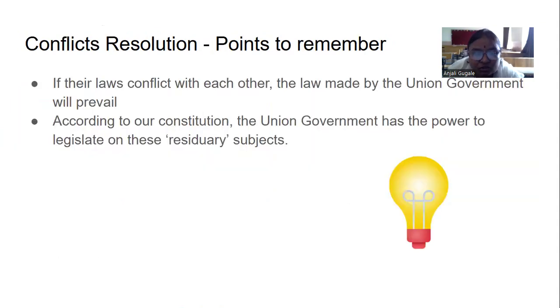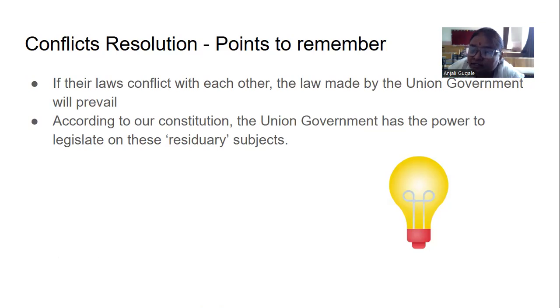Now, as mentioned in the features of federalism, if the laws conflict with each other, the laws made by the union government will finally prevail. But it does not mean that the others are not independent. The matter will go to the court, and the judiciary will decide. For example, the local government can go to the district court, and the state government will go to the high court.